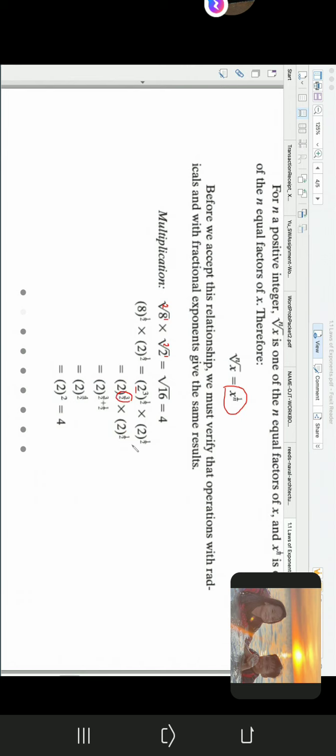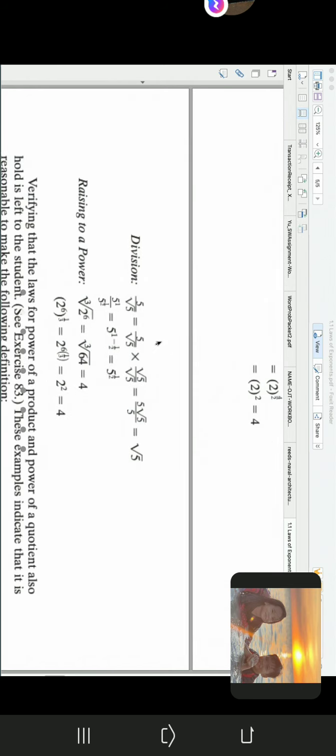And copy 2 raised to the power of 1/2. And apply the multiplication rule where you add the exponents. So that is 2 raised to 3/2 plus 1/2. So that is 2 raised to 4/2, or 2 raised to 2, that is equal to 4. So your answer here is still equal. So we can say that exponents and radicals are connected. They are related.